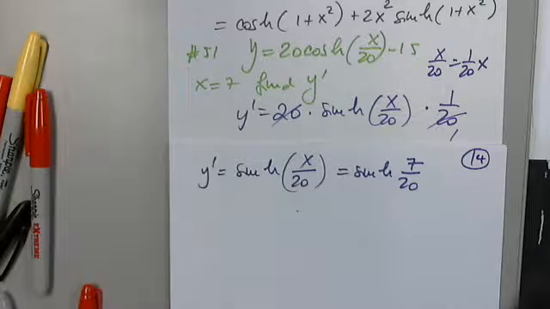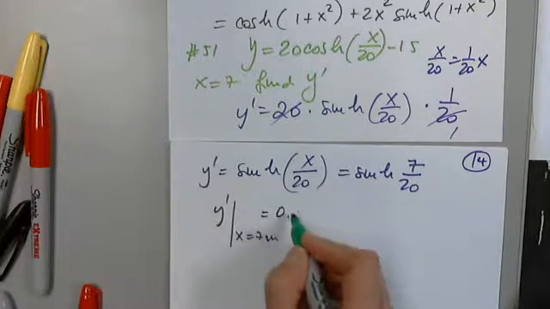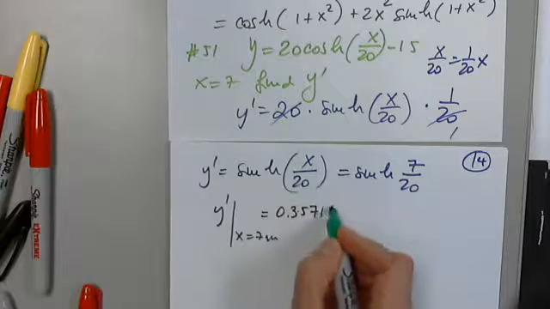I will put 0.5 outside, and in parentheses, e raised to 7 over 20 and subtract e raised to, in parentheses, negative 7 over 20, using the definition. So when x is 7 meters, y prime is 0.357189.